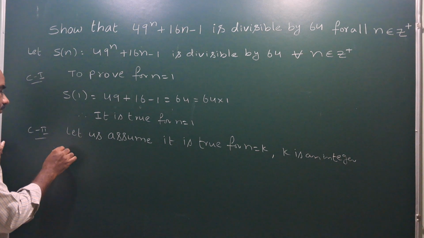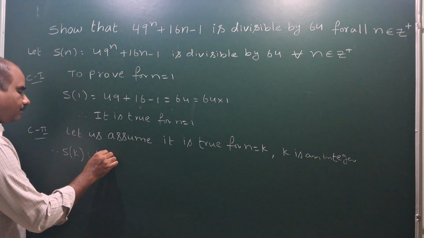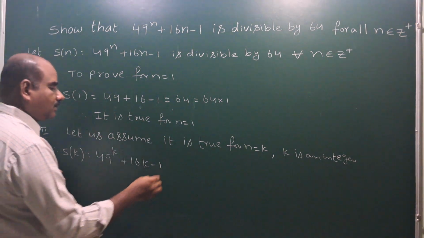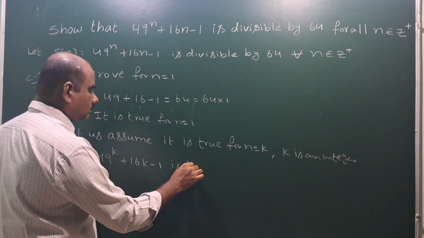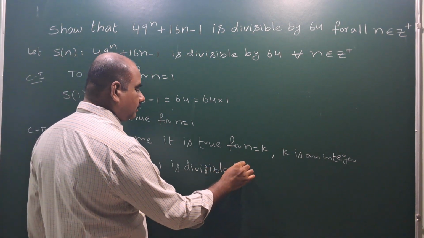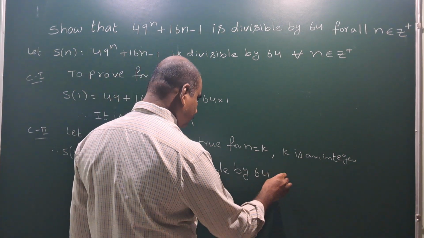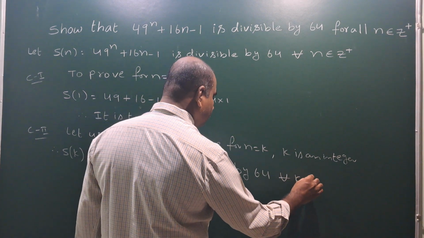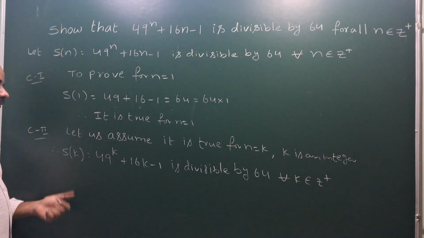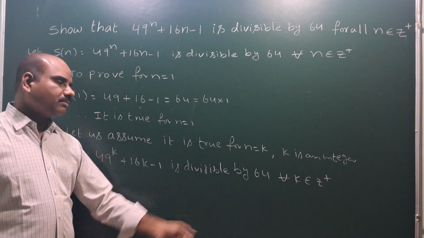Therefore, S of n becomes S of k. The statement is like this: 49 power k plus 16k minus 1 is divisible by 64 for all k belongs to Z plus. So this is our statement in case 2.